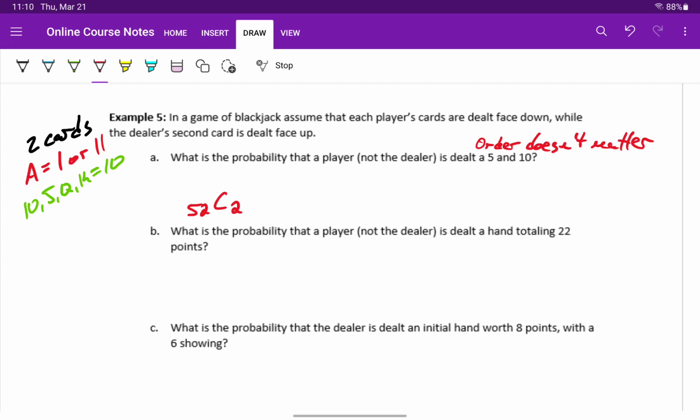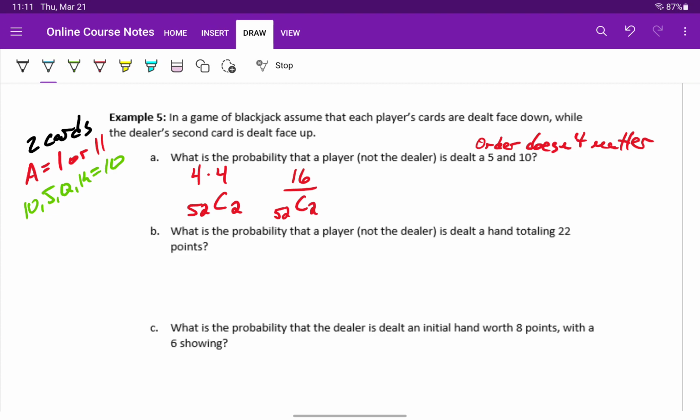And to come up with the number of ways that we can get this success that we're after, we need to look at how many different ways we could choose a 5 and how many different ways we can choose a 10. Since there are 4 suits, there are 4 versions of each card, so there are 4 different ways to get a 5 times 4 different ways to get a 10. So there are 16 possible successes out of 52 choose 2 different combinations.